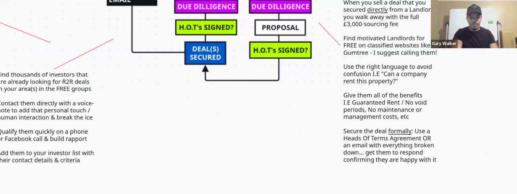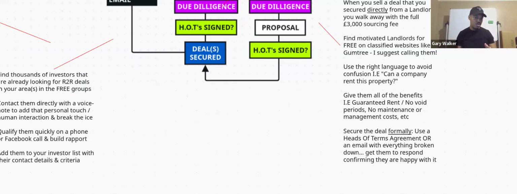Okay. So we're securing these deals with a document called the Heads of Terms. A lot of deal sources don't necessarily do that, but what I find is that in a lot of cases they end up in situations where they lose the deals, because there's nothing to prove that they actually secured it.